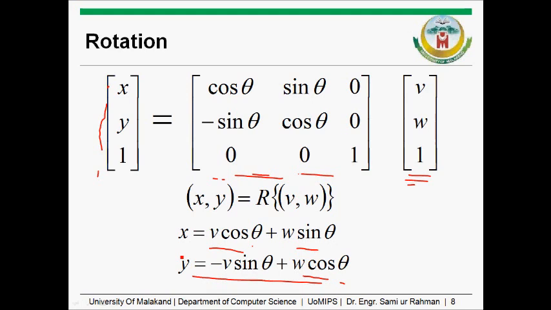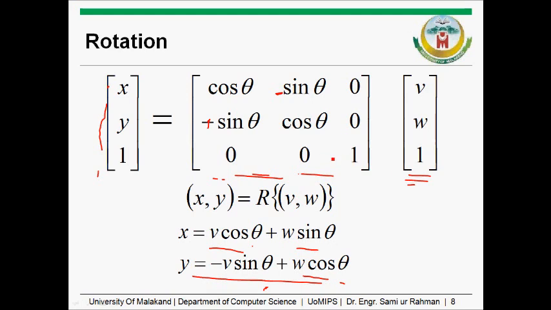I have taken a plus symbol here; it should be replaced with minus, and this should be plus. But I will have to confirm this, because as I remember, the rotation matrix is like this one.